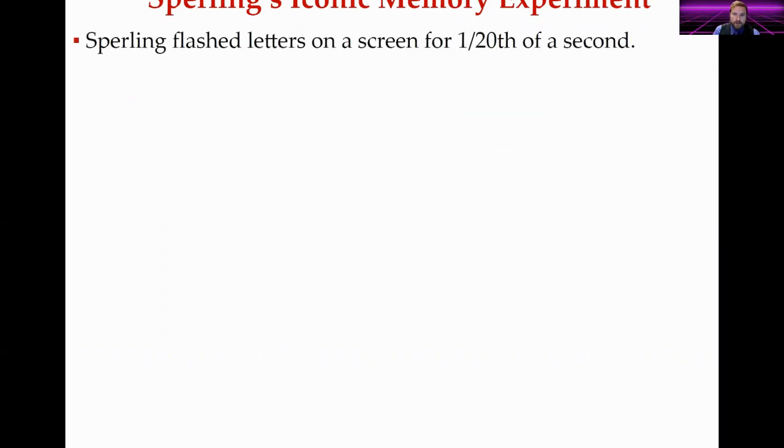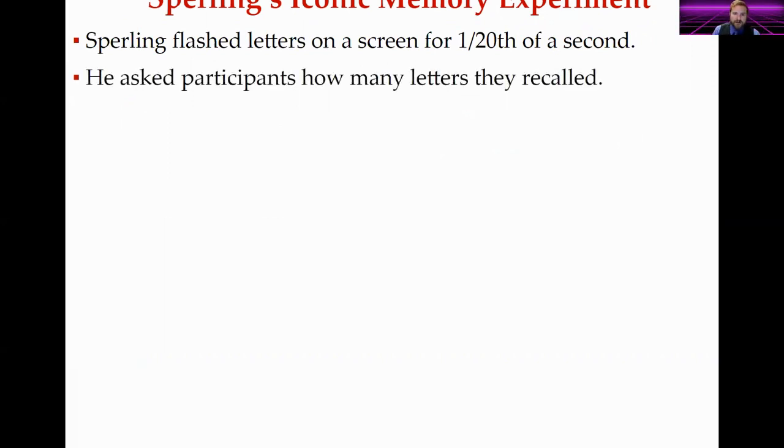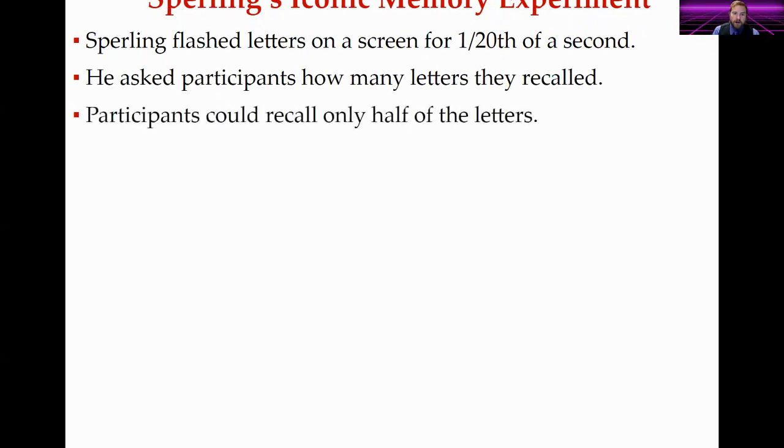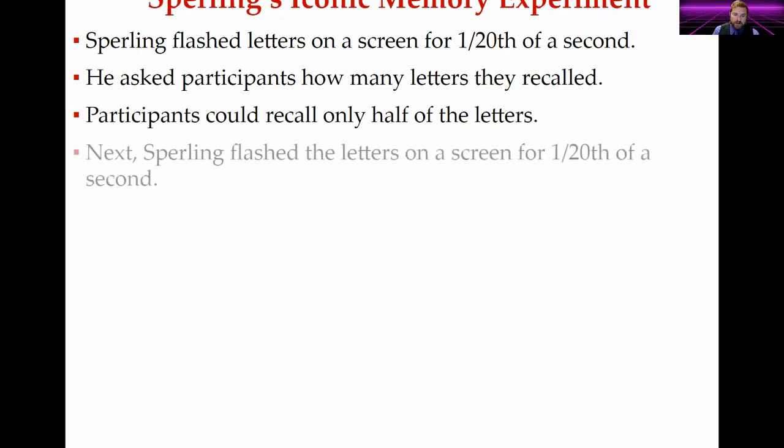When we talk about sensory memory, the sensory memory stage is brief. This was demonstrated by a guy named Sperling. He flashed letters on a screen for 1/20th of a second, then asked participants how many letters they recalled. Usually participants, without rehearsal, could recall only about half of the letters they saw.